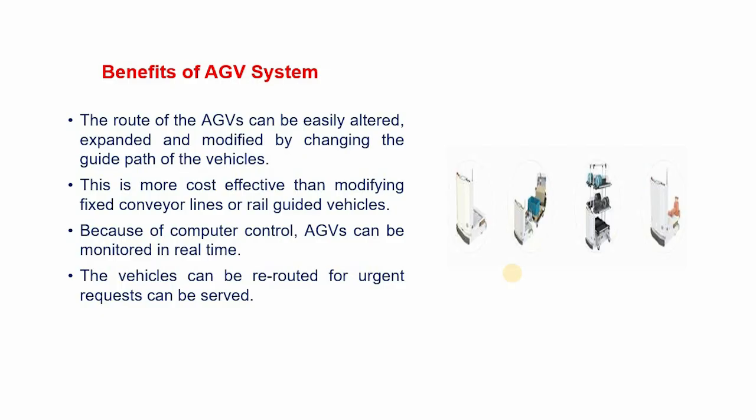There are various benefits of automated guided vehicle systems, such as the routes of automated guided vehicles can be easily altered. There are various benefits in using the automated guided vehicle system, such as the routes can be easily altered, expanded and modified by changing the guide path of the vehicles according to the requirements of loading and unloading. We can alter the paths or routes.